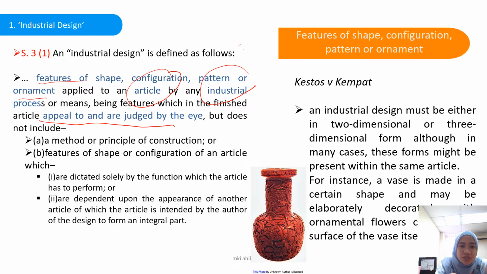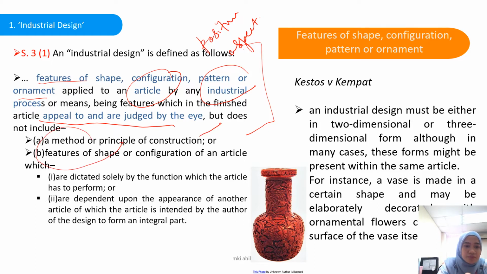This is the positive aspect. But it does not include method or principle of construction or features of shape which are dictated solely by the function and are dependent upon the appearance of another article, and this is the negative aspect.